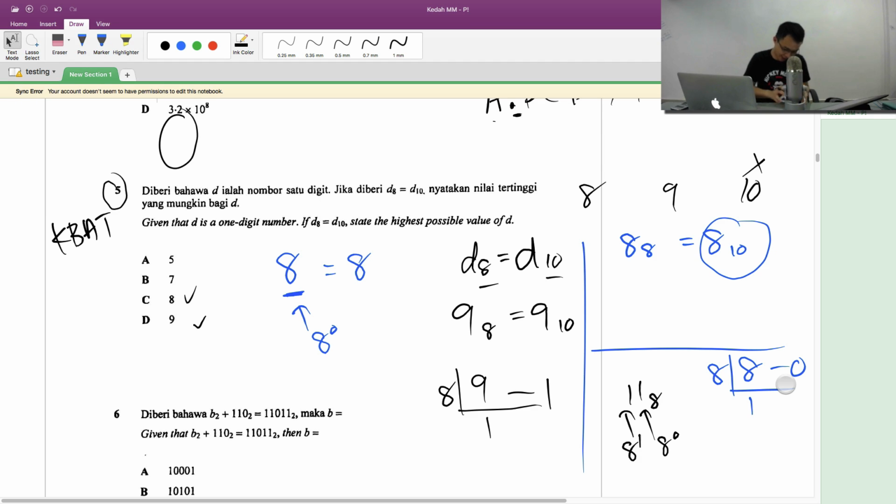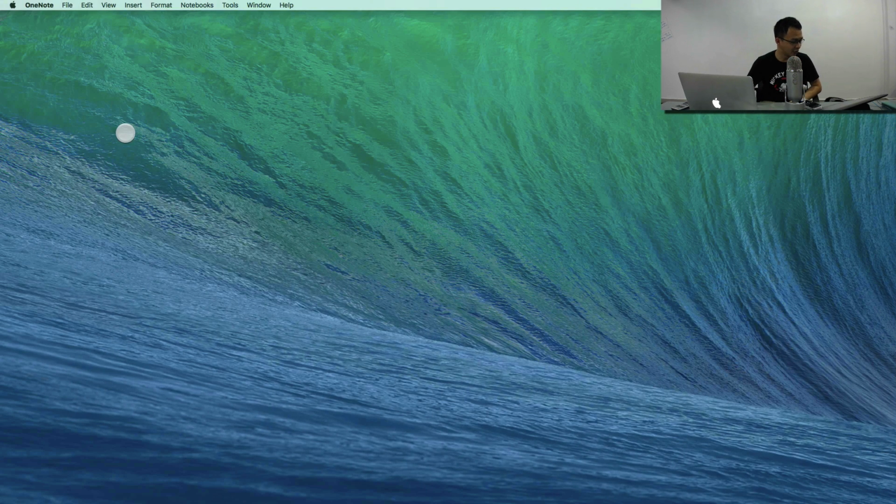The DE, oh yes, I got it. It's OCD. So 8 base 8 is basically, if I put it as 8. Oh, I see. Because base 8 we cannot have the number 8 there. Highest one will be 7. Because base 8 we cannot have the 8 there, and it's hang. I'm so sorry. I will just close and open again.